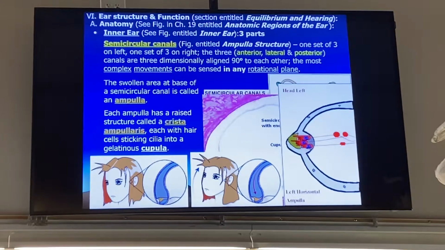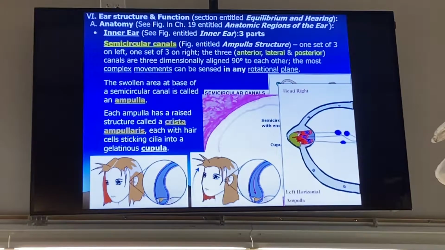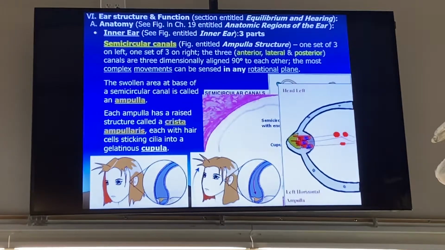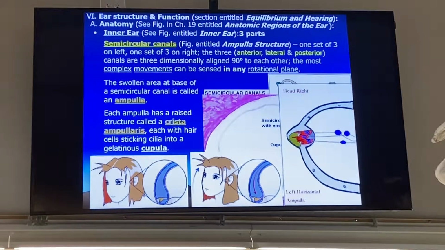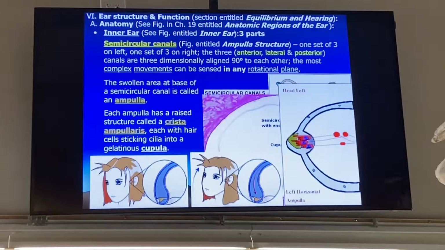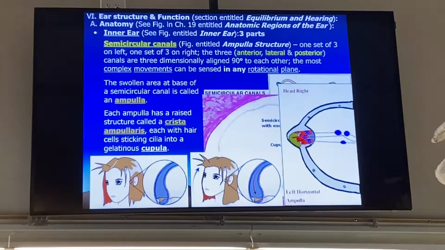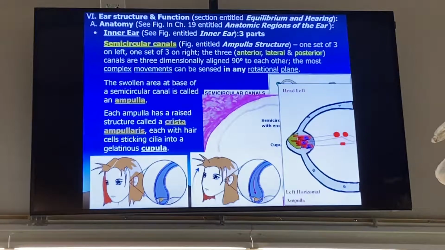Are you following me? After 10 spins, I suddenly stop the student, and the endolymph keeps going. And now the cupula is telling the brain, I'm moving, except the student isn't moving, because our brains feel nothing. They're only receiving action potentials, and it confuses the hell out of the brain, because I have the student open their eyes really wide after they stop spinning, and the eyes are doing this.